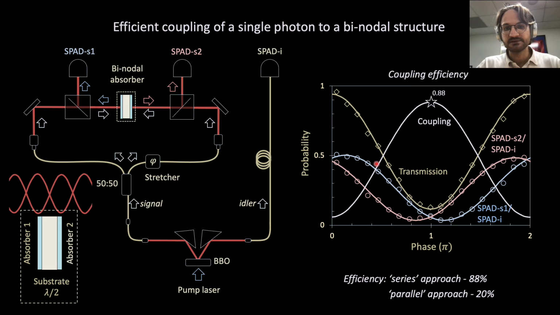And if we invert this curve, we get the total coupling efficiency of the photon to the structure. And as you can see, the highest probability we achieved is 88%. And if we compare with the efficiency which we would achieve in the parallel approach for these parameters of the structure, you see a very nice enhancement of the absorption probability.